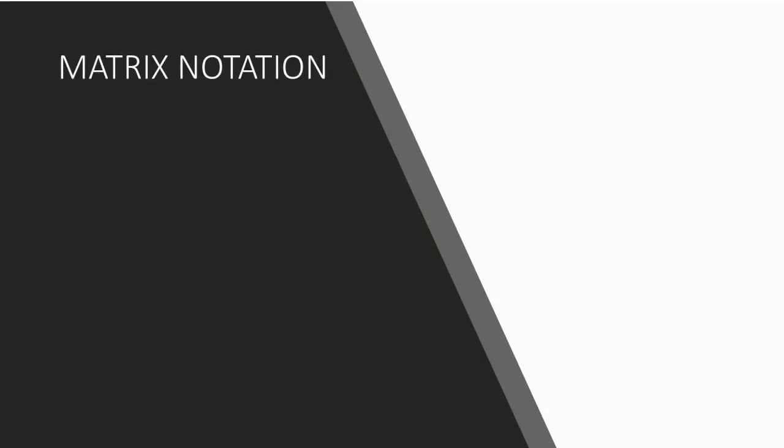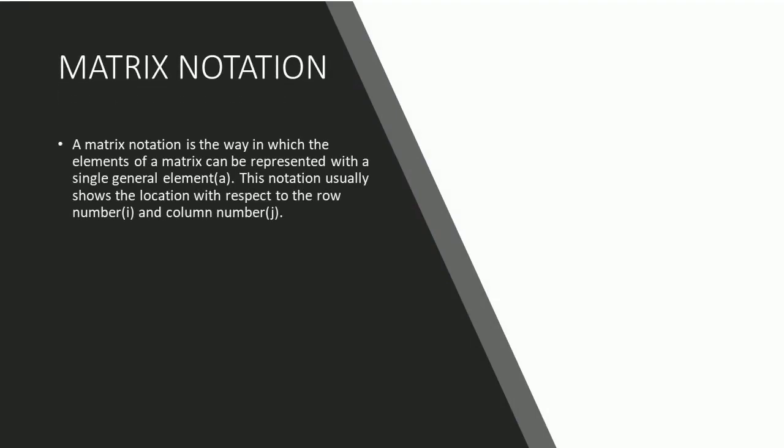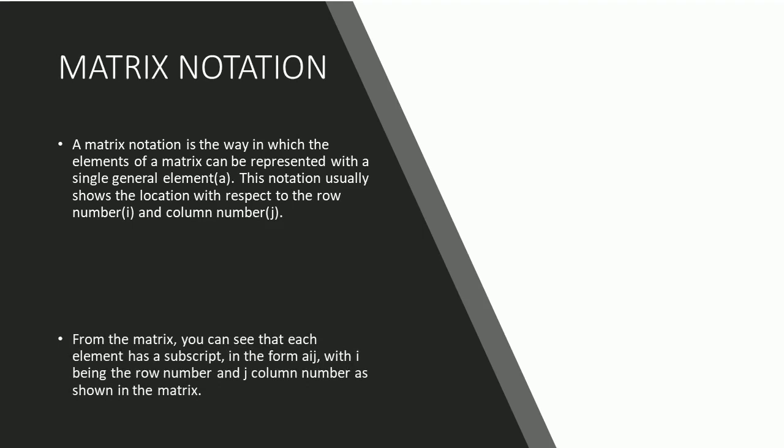So let us look at matrix notation. Matrix notation is the way in which elements of a matrix can be represented by a single general element, usually A. This notation shows the location with respect to the row and the column, where the location in the row is usually represented by i, and the location in the column is usually represented by j.